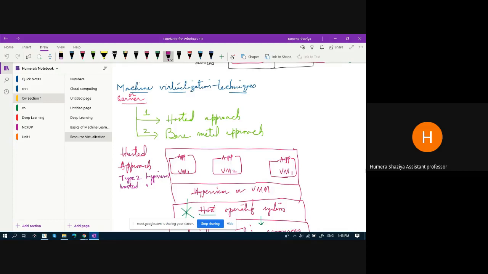Examples are VMware Workstation and Microsoft Virtual PC. Both are available in the market. These are the examples of the hosted approach.